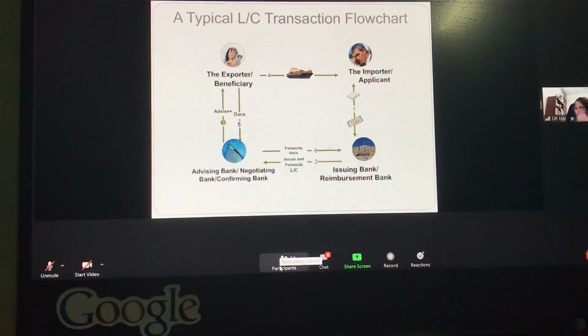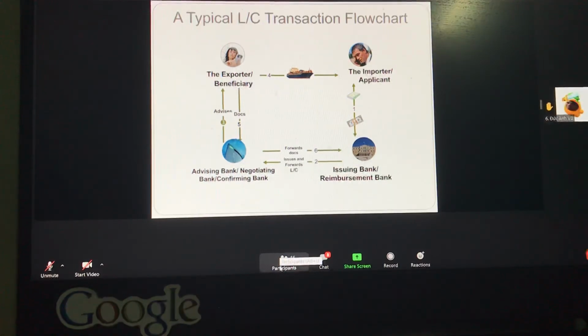Yes, number 6, please. I think the exporter will face the risk because maybe the exporter can lose the goods and cannot receive the payment from the importer.